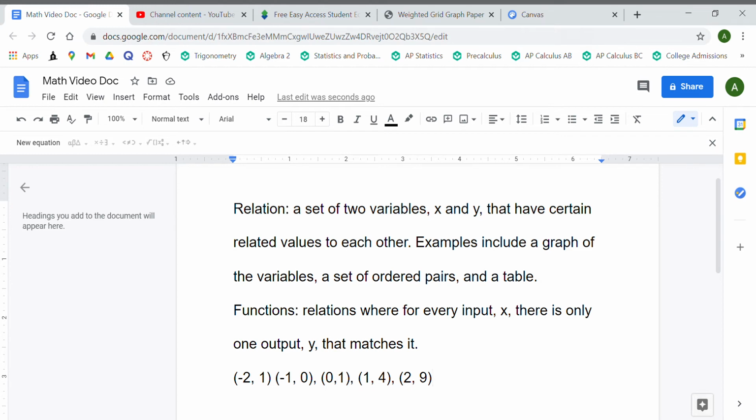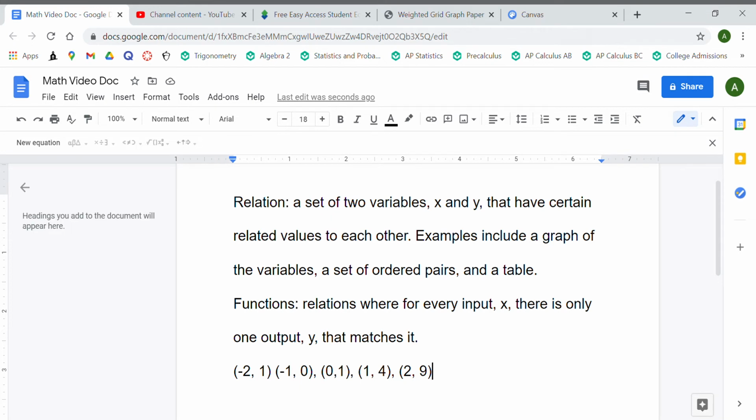We might have a repeat on the y values, right side, but they do not play a factor in determining if it's a function or not. For every input x, there is only one output. Therefore, this is a function.